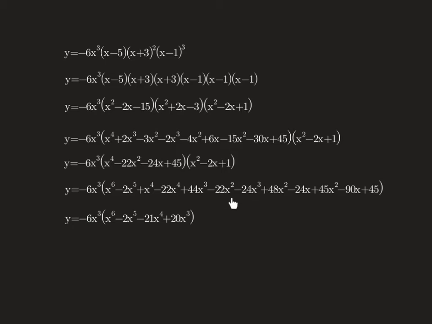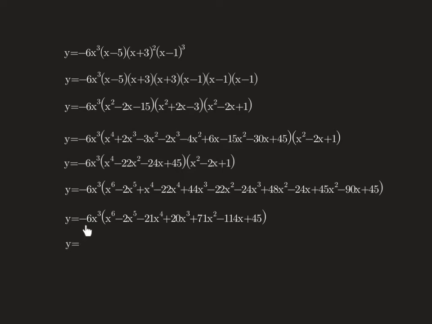Minus 22x squared plus 48x squared, so that's 26, plus 45, so 71x squared. Let's look for x. Minus 24x minus 90x, so negative 114x, and plus 45.